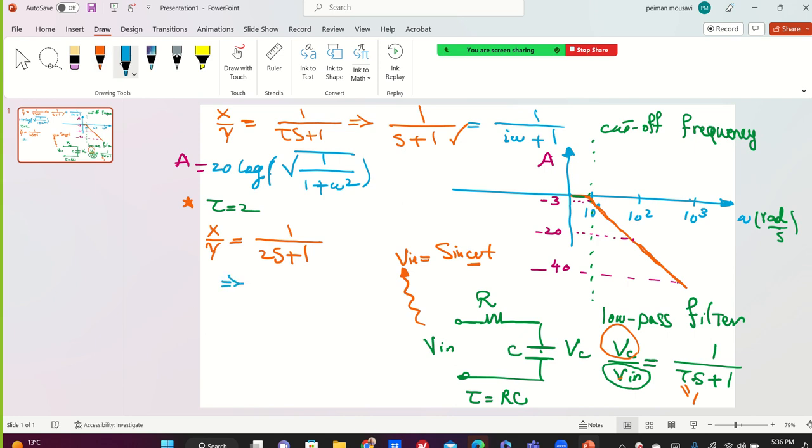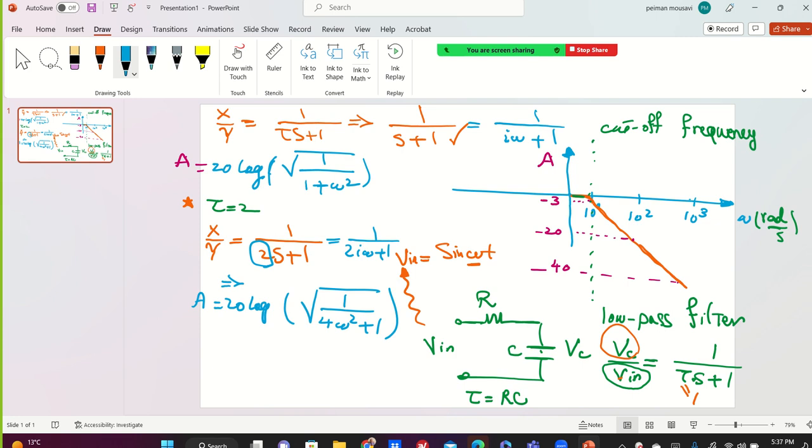Your A is going to be 20 log of, again, 1 over 2j omega plus 1, which is 1 over the square root of 4 omega square plus 1. This is the amplitude when you increase the time constant for the first order system. Yes? Understand?